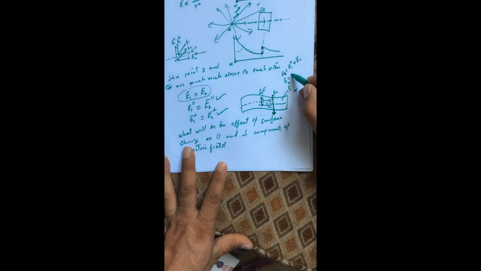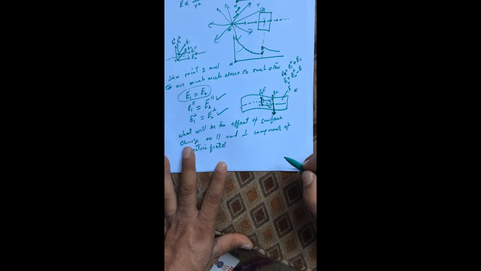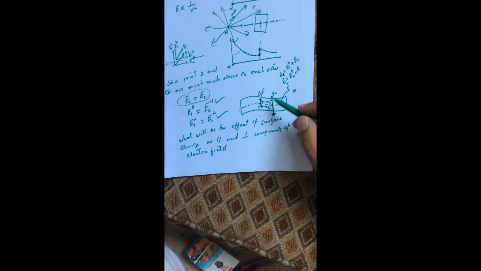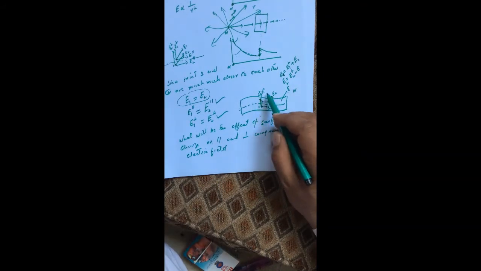E2 will be E2 parallel, E2 normal, which is this one. Its direction is this one. Here the direction is downward, so it will be minus E. So it means that this electric field of this surface affects the normal components, E1 normal and E2 normal, while it does not affect the parallel components, E1 parallel or E2 parallel.